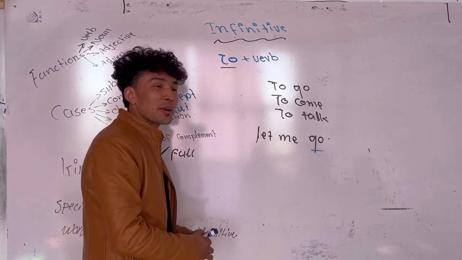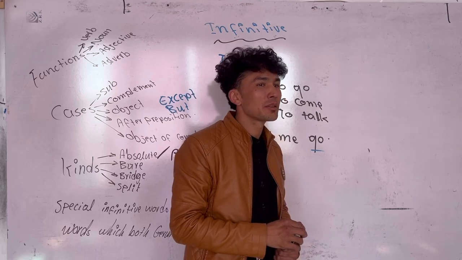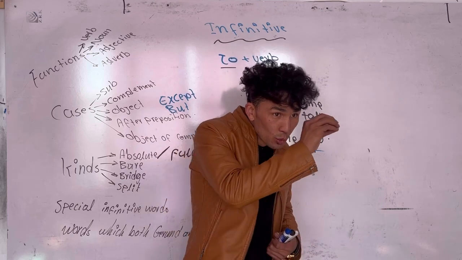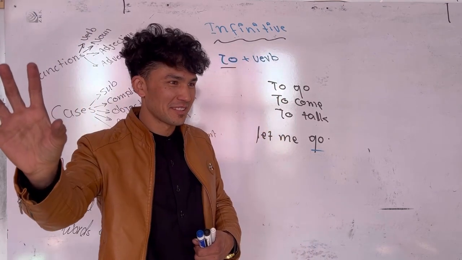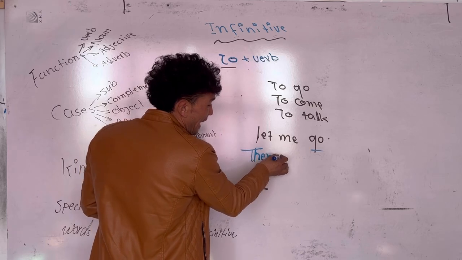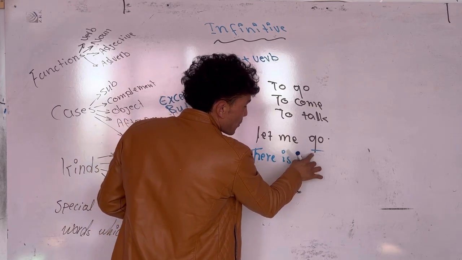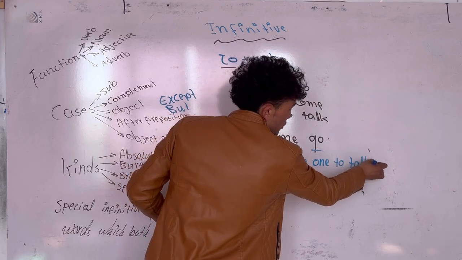When the teacher ordered you to go to the office and bring your book, you go, and there's no one in the office to talk to. Sir, there's no one in the office to talk to. Something like that, for example. Hey, there is no one to talk to.